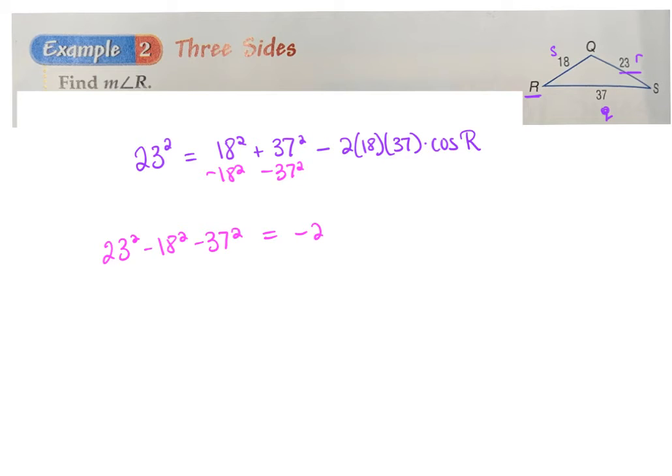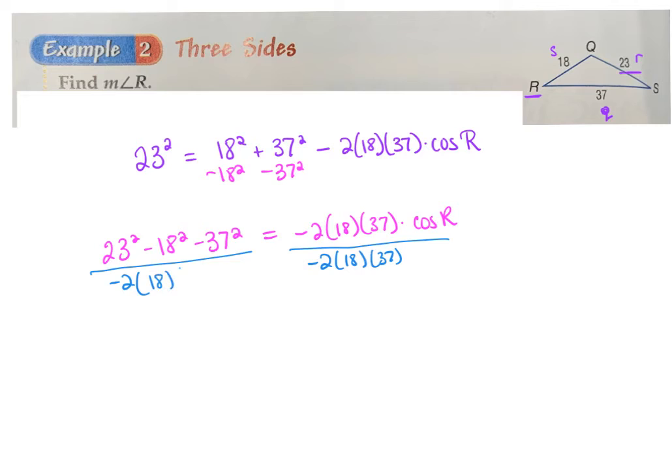That leaves me negative 2 times 18 times 37 times the cosine of R, right? So far, so good. Still doing basic algebra. I am going to divide both sides by this to get that cosine of R by itself. All right, so far, so good.